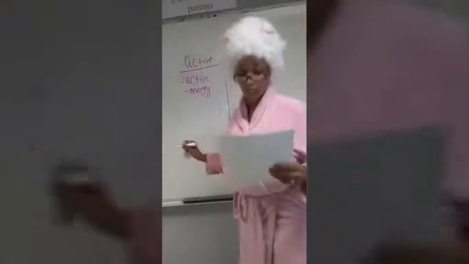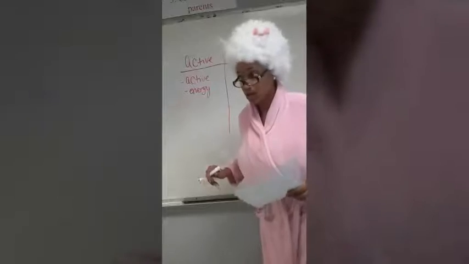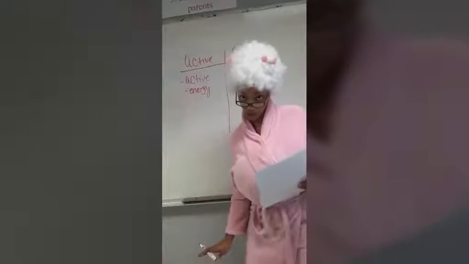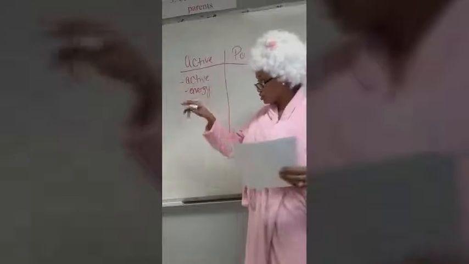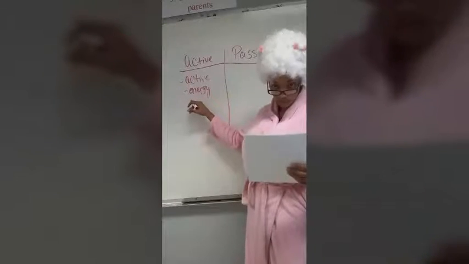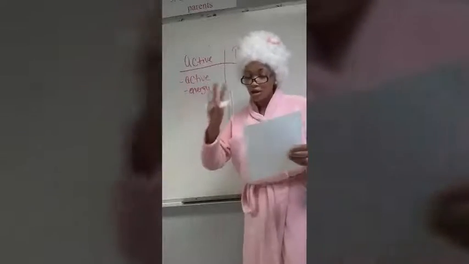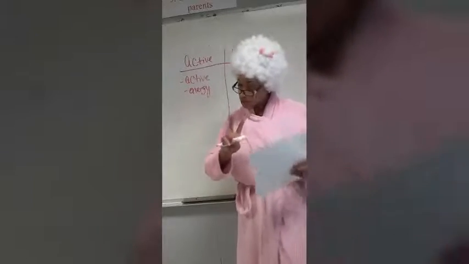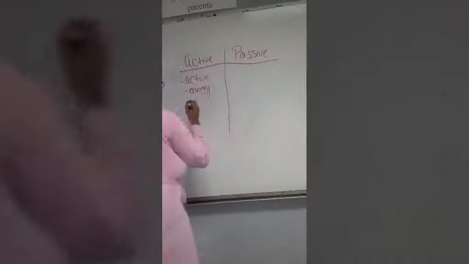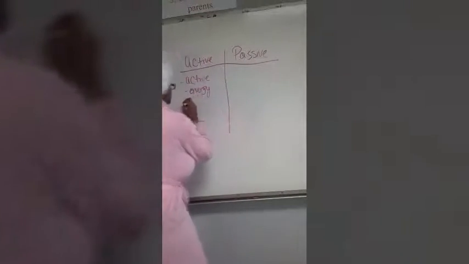So active transport moves substances from an area of low concentration to an area of high concentration using energy. Active transport using energy, okay? There are two processes that occur under active transport. Only two, okay? Write this down.